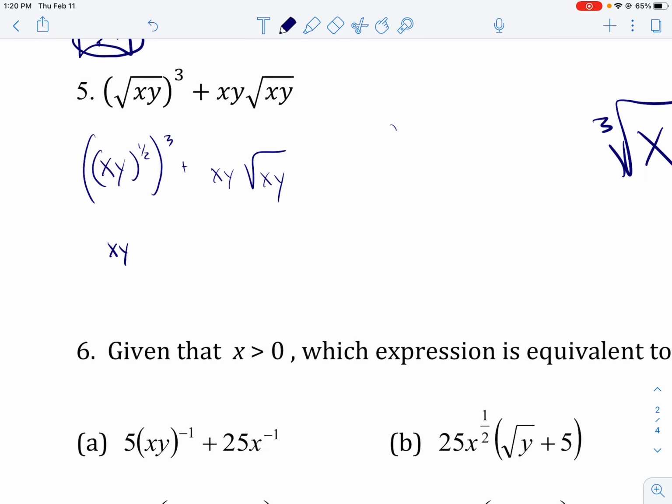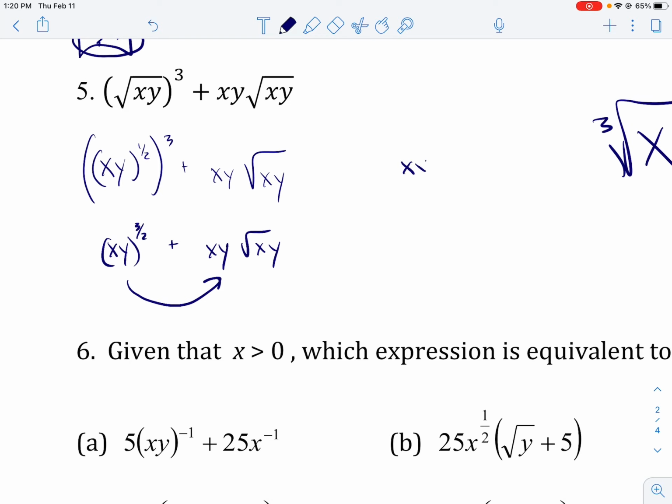Okay, so we're going to have xy to the 3/2 plus xy square root of xy. Now I will tell you, this thing right here is equivalent to this thing. All right? It is. True story. All right? So how do we get there? Well, go a couple ways about it, right? No wrong way to eat a Reese's here.